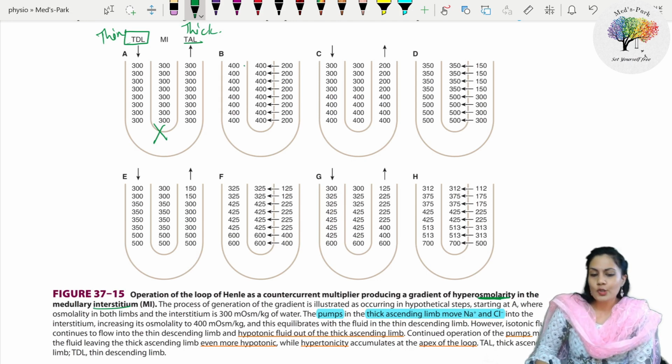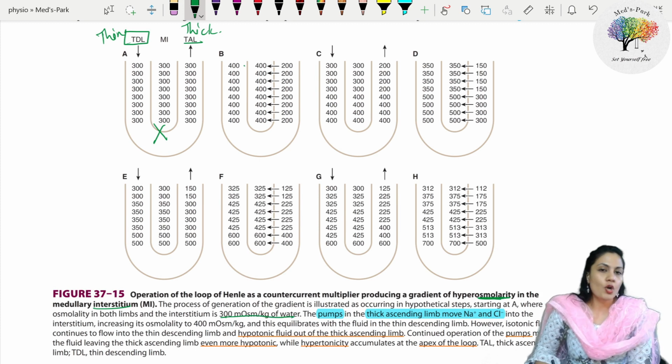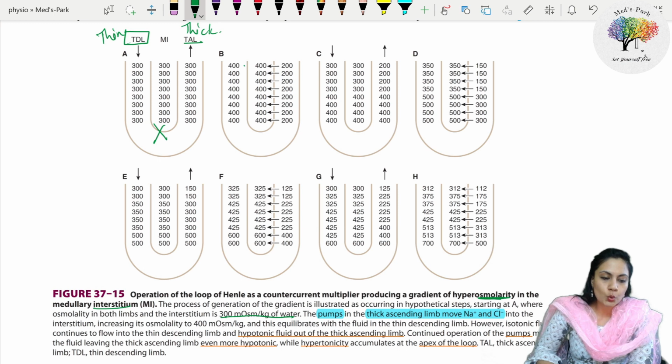The process of generation of the gradient is illustrated as occurring in hypothetical steps, starting at A, where the osmolarity in both the limbs and the interstitium is 300 milliosmol per kg of water. We can take it as per liter also, right? The pumps in the thick ascending limb move sodium and chloride into the interstitium.